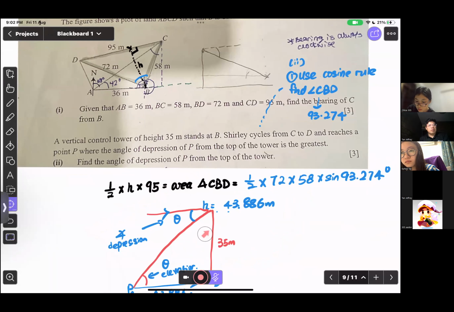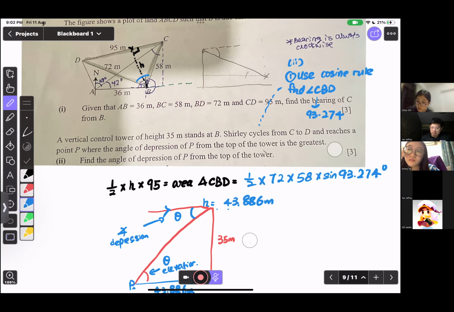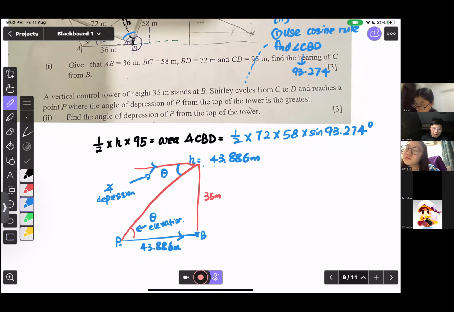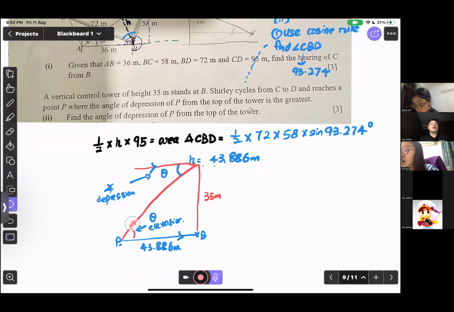So you look at this triangle, it's poking out of the paper. This one is 35 meter. Then this BP is the H. BP is 43.886. Then from there, you find the angle of elevation here by using tangent. This will be the greatest angle of depression or the greatest angle of elevation.